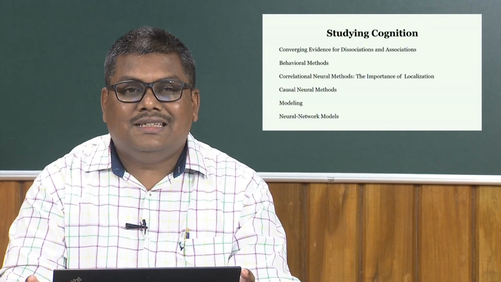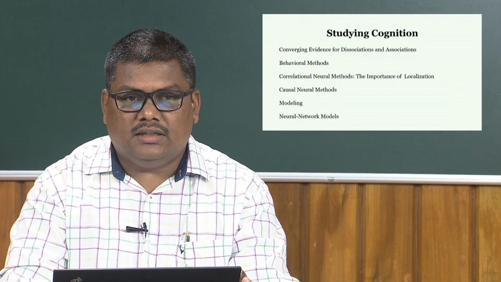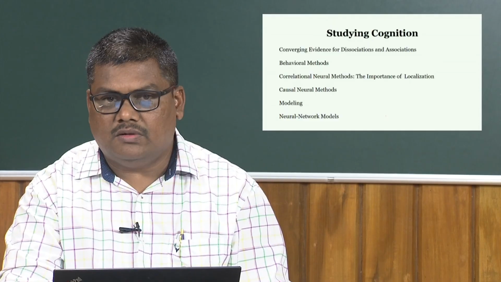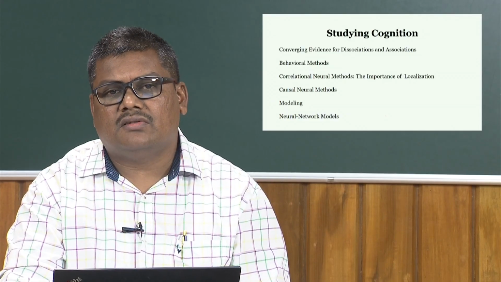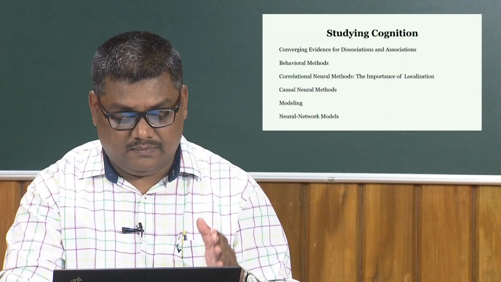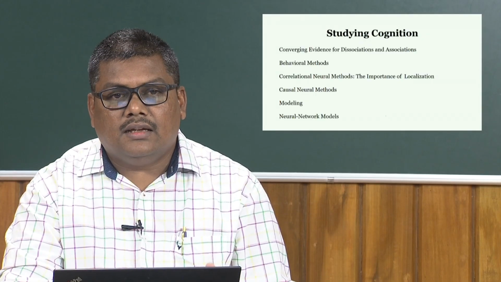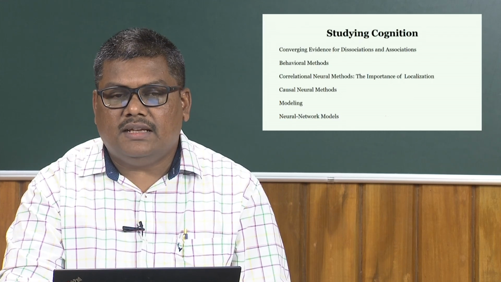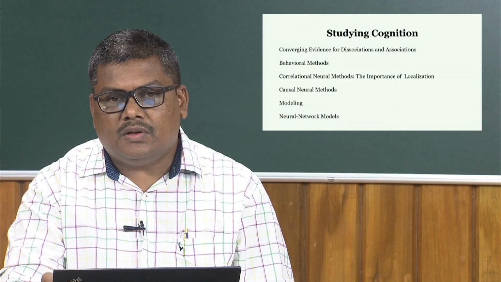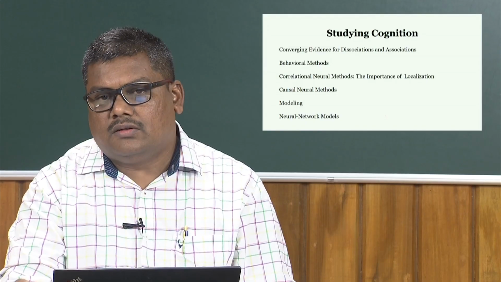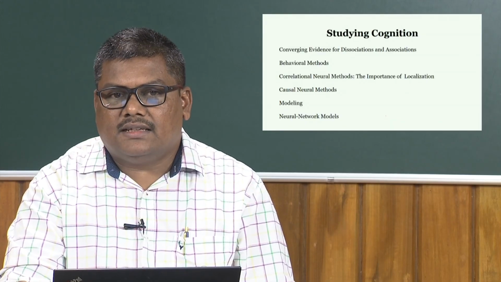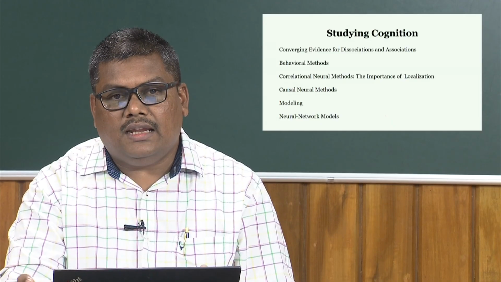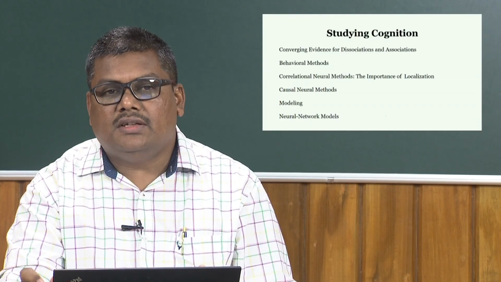Now, the general goal of cognitive psychology is to study dissociations and associations at the level of the brain. When I say dissociation and association, what is it that I actually mean? Dissociation is a term which explains that if two processes or two mental acts give rise to activation in one area of the brain, how do we dissociate them?